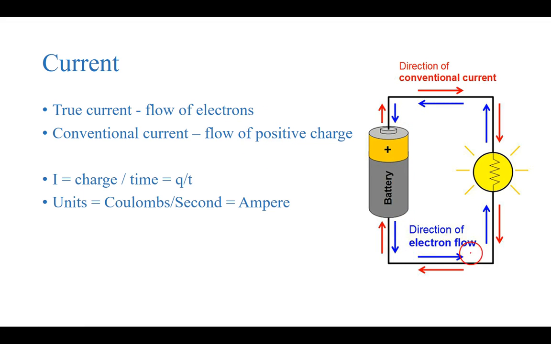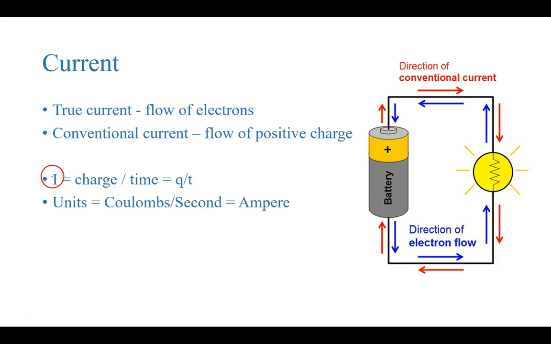So for example, if you look at this picture, the actual electron flow would go from negative end to the positive end. However, the conventional current would be if the protons or positives were flowing, and that's going to be from positive to negative. So whenever I refer to current, I'm going to be using conventional current. So if I ask you to draw the current, for example, you should draw from positive to negative. But just in the back of your mind, know that in real life, it's actually electrons going from negative to positive.